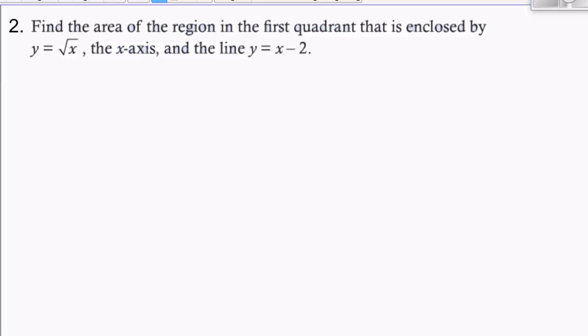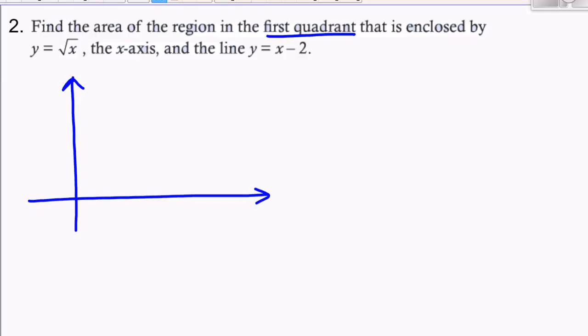So, first quadrant, let's start with y equals the square root of x, and then we have y equals x minus 2.